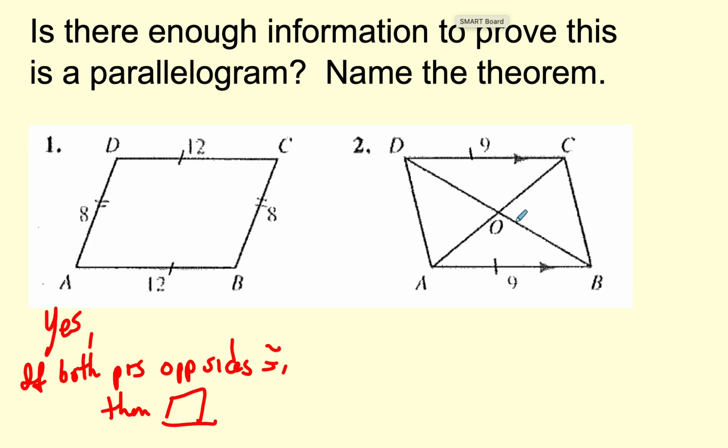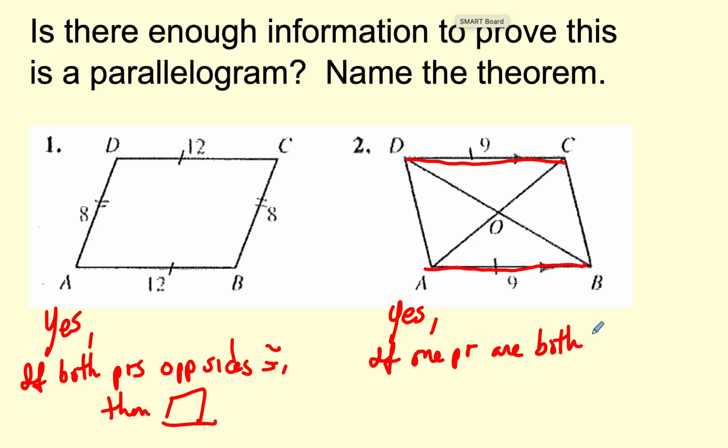Let's look at this side. This is our new one. Remember, we have one pair of sides here that are parallel and congruent. So we're going to be able to say yes with our brand new theorem. If one pair are both parallel and congruent, then it's a parallelogram.